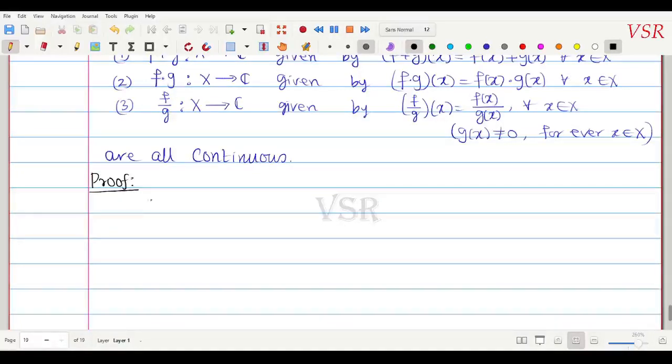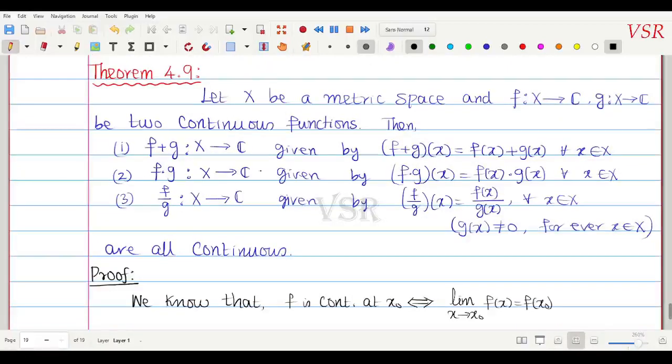We know that, and the theorem நான் எழுதிக்கிறேன். ஓகேங்களா, we know that F is continuous at x naught if and only if limit x tending to x naught f of x is equal to f of x naught. Okay, இவ்வளவுதாங்க.